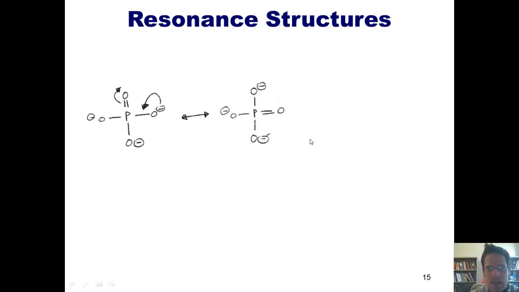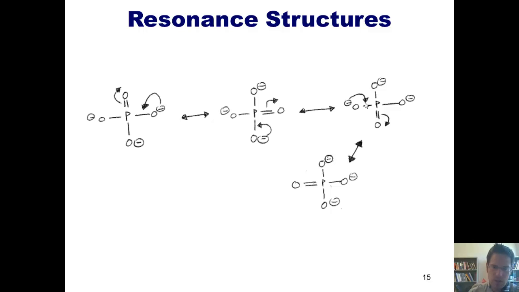Where do we go from here? Well, one direction we could go is we could have this oxygen negative charge down here thrust its electrons in, closing to form an oxygen-phosphorus double bond, but in doing so, it will also thrust these pi electrons up onto this oxygen to give me this resonance contributor. Where can we go now? Well, I'll just follow suit and have this oxygen right here thrust its negative charge electrons onto that position, forming an oxygen-phosphorus double bond, and pushing these 2 out, forming this resonance contributor here.